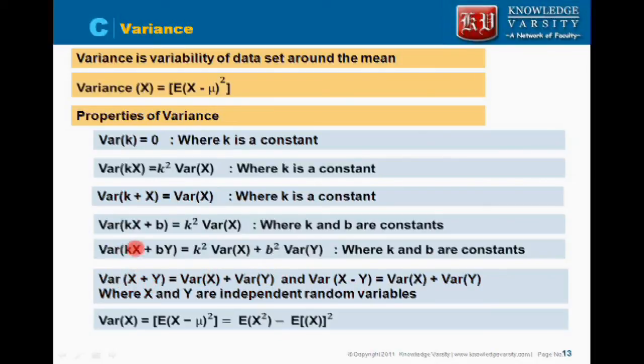So I could have written variance of kx plus variance of by. Variance of kx is k square variance of x, variance of by is b square variance of y. So when k and b are constants, it is written like this.